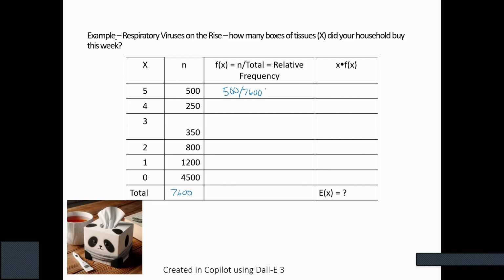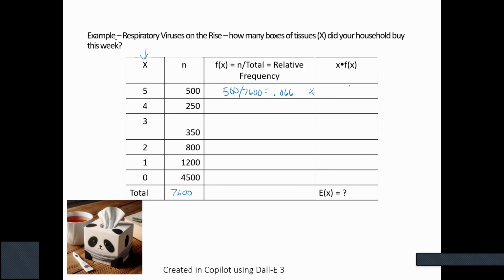Let's do 1 just for the sake of having 1. So that's 0.066. That's going to be close enough. We're going to say 0.066. And then what the formula says to do is to take the x and multiply it by that relative frequency. Now the x, you have to remember, is the number of things, in this case the number of boxes of tissues.